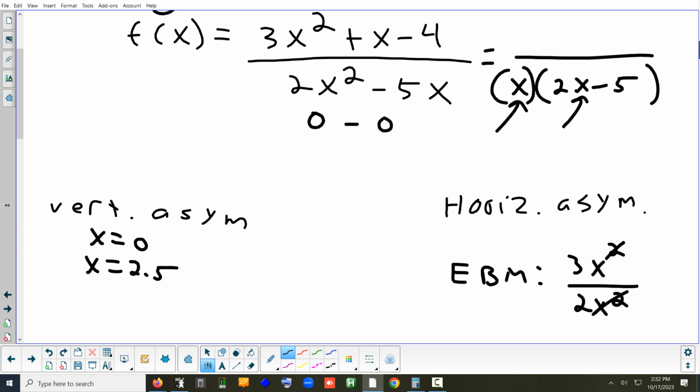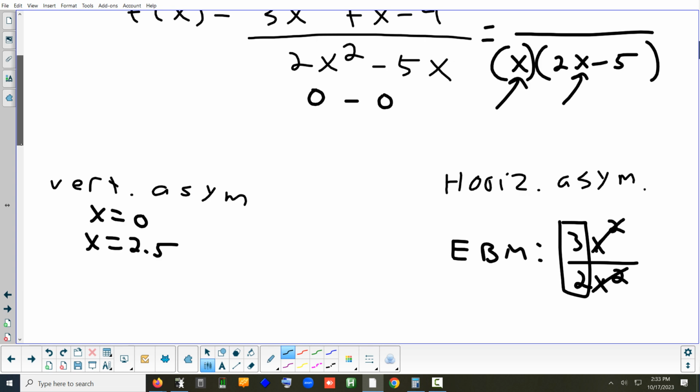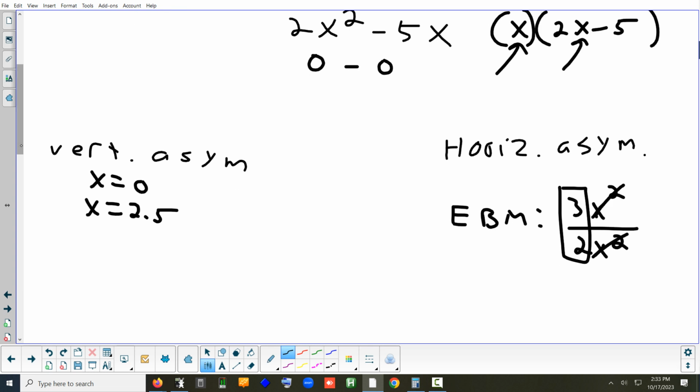And there's your end behavior. So this is what happens if you let x get bigger and bigger. We're going to go 3 halves. It just stays at 3 halves. So your horizontal asymptote is at 3 divided by 2, or 1.5.